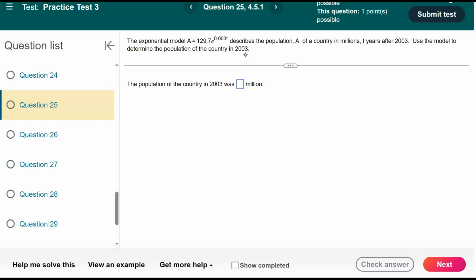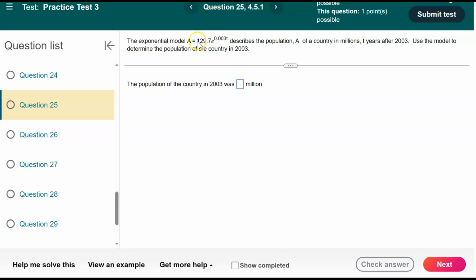So if we're going to find the population of the country in 2003, that means that t is just equal to 0. So if t is 0, you're looking for the initial condition.